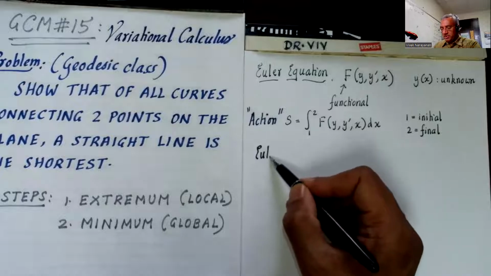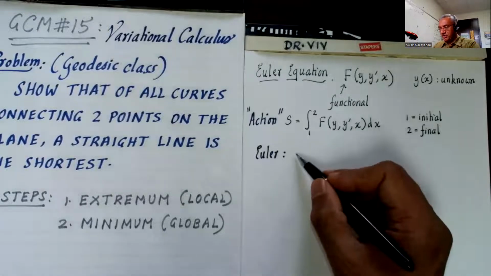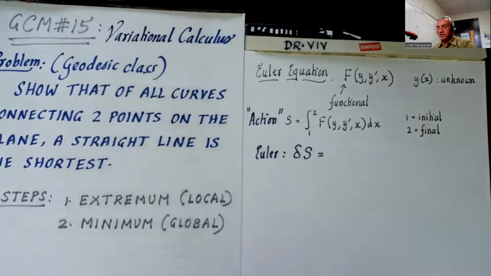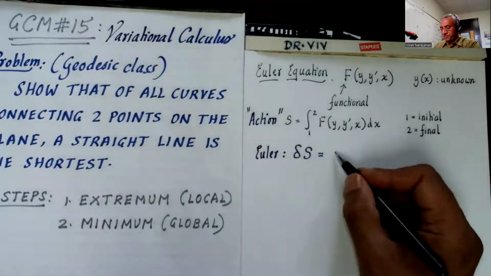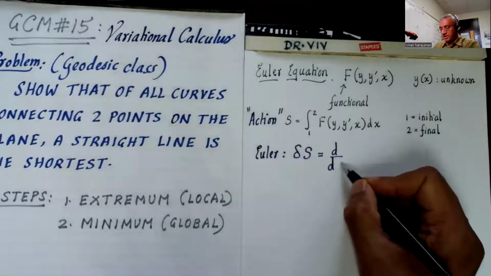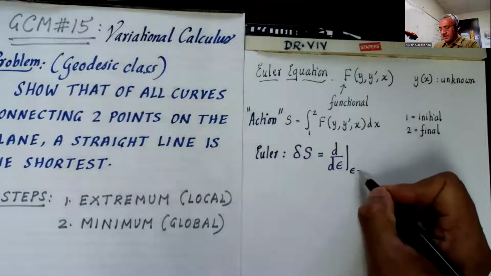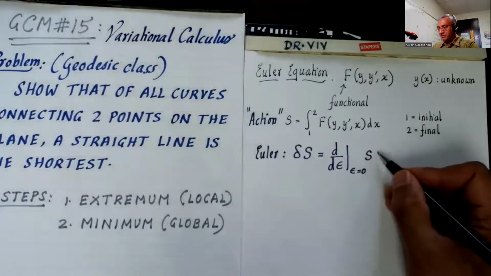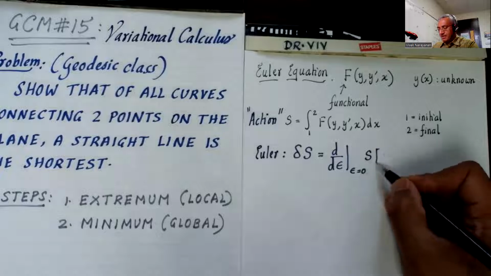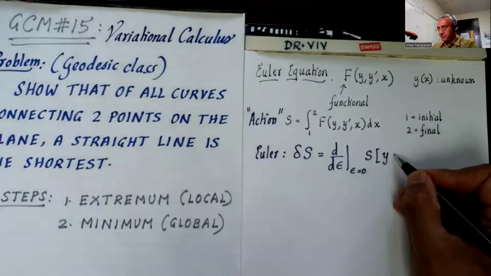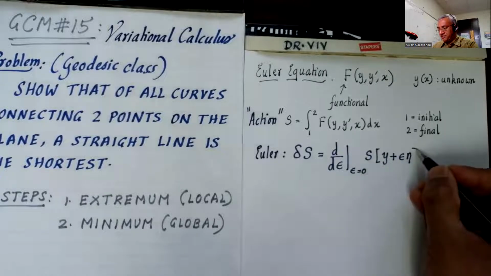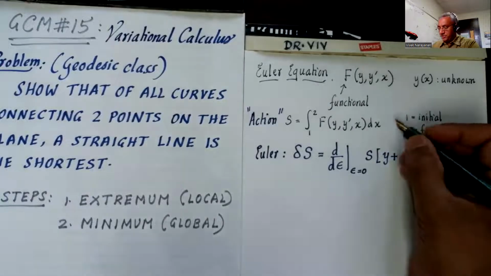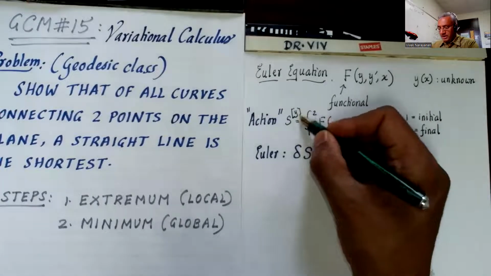Euler said that this action is extremized if we take what's known as the functional derivative, that is given as follows: d by d epsilon, evaluated at epsilon equal to 0, of S as a function of y plus epsilon eta. So I want to make it clear that this S here is a function of y.